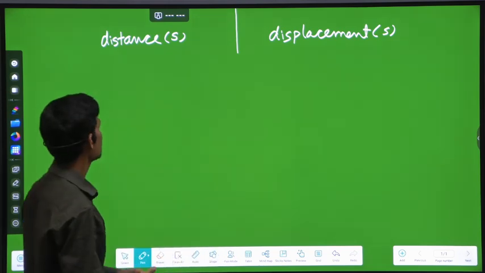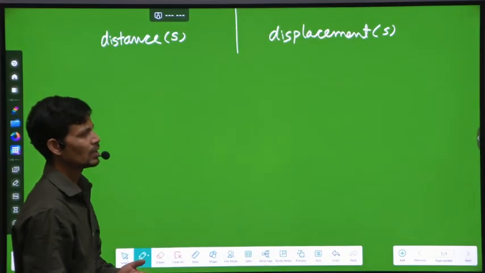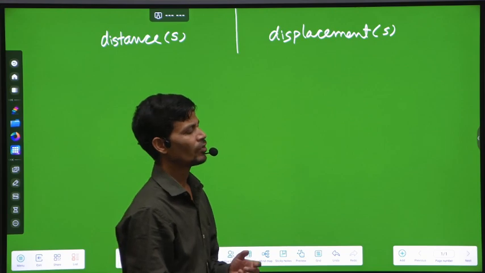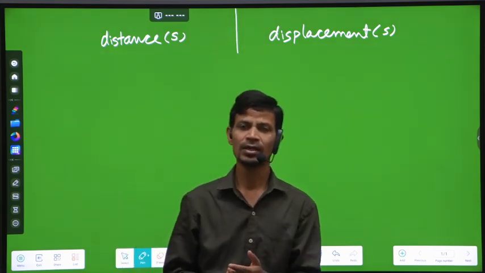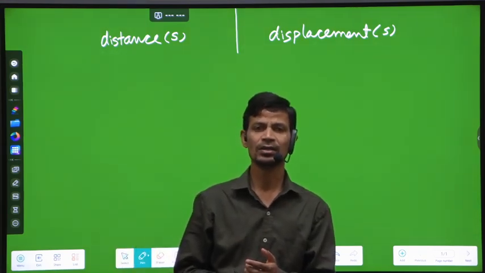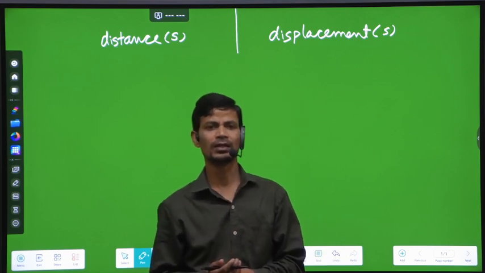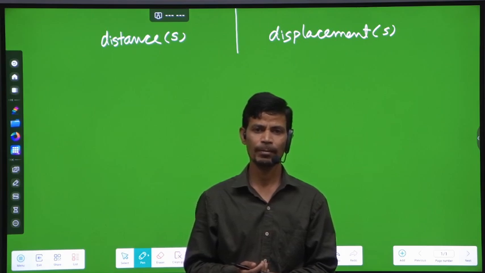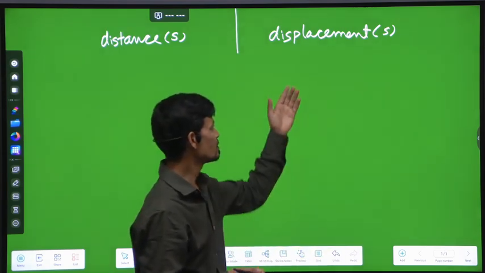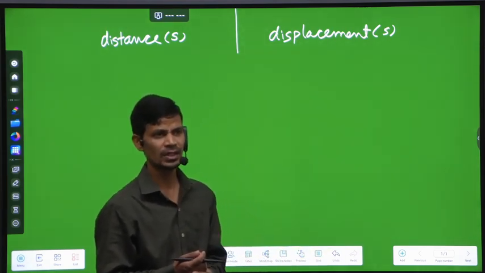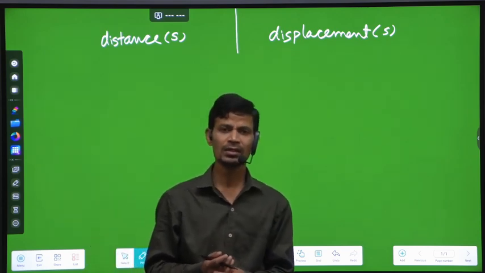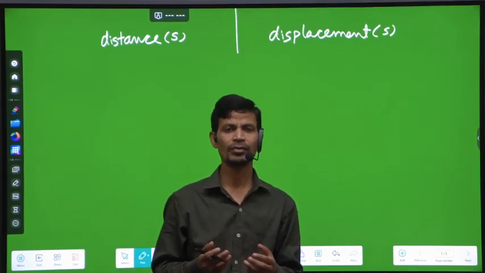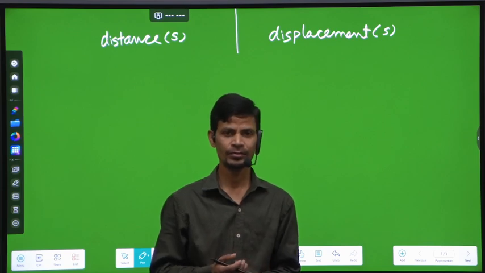We can say that scalar quantities are such physical quantities in which we don't need direction to specify that physical quantity. Whereas displacement type of quantities are those where we need the information of direction also.